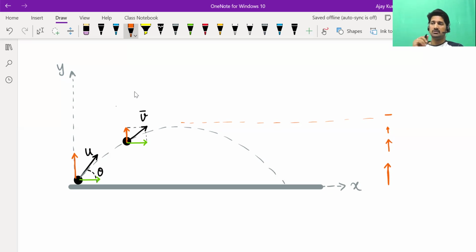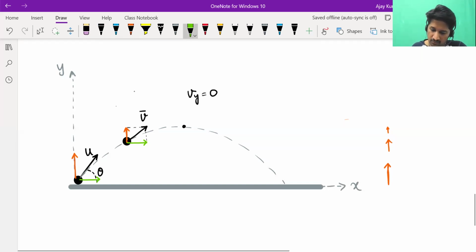I told you, velocity is what tells you in which direction the object moves. As the object rises up, the y component of velocity goes on decreasing. Then at one point, that is the maximum height, the velocity's y component becomes 0. But x component will be there like this.